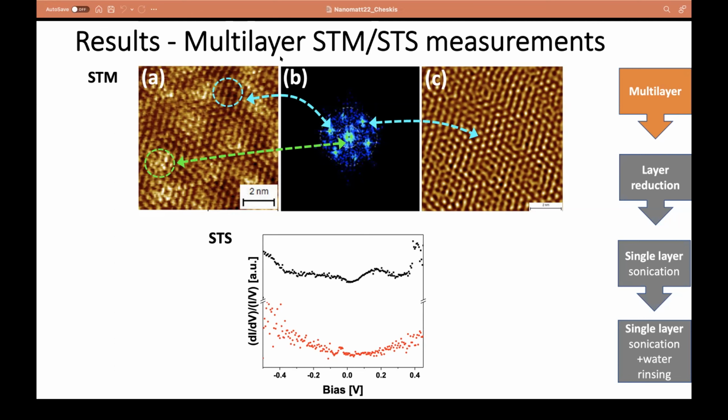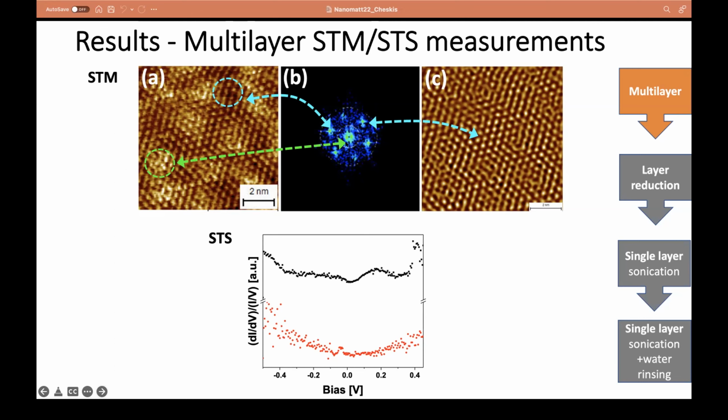First of all, we have a hexagonal shape that we connected to pure graphene pattern, and inside, with low spatial frequencies close to zero in the Fourier transform, it's connected to oxygen debris.